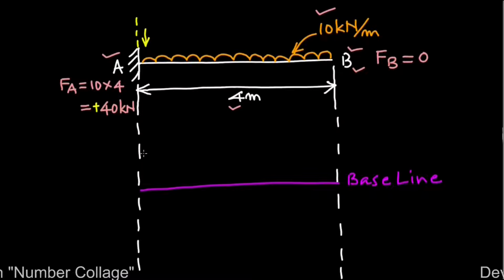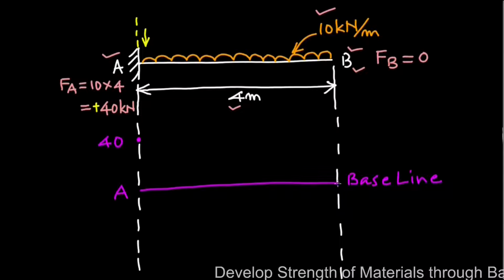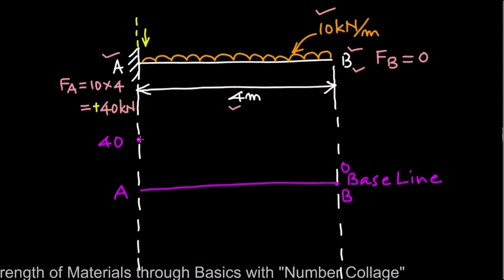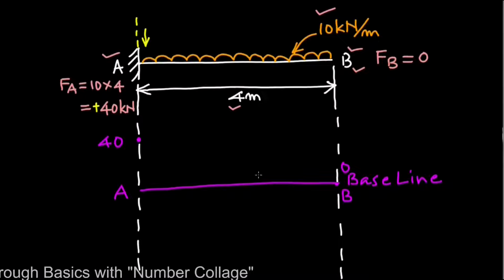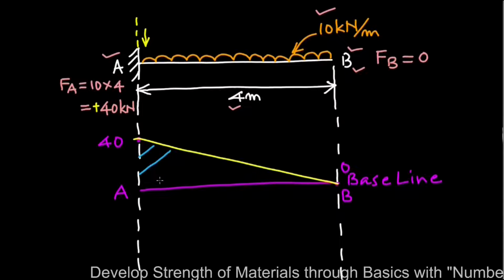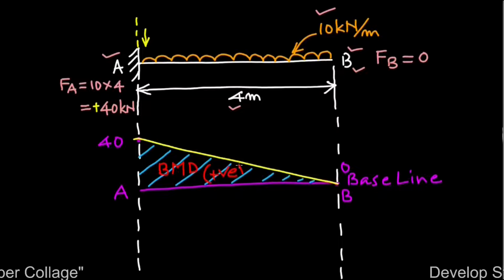The shear force at point A is 40 kilonewton, and at point B it is 0. So the shear force curve will be a straight line from 40 to 0, and this will be the shear force diagram, which is positive and hence above the baseline.